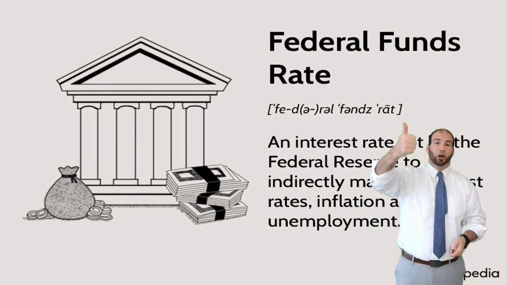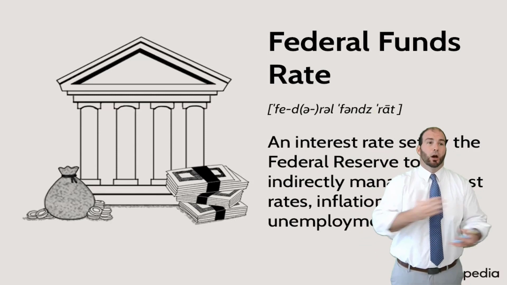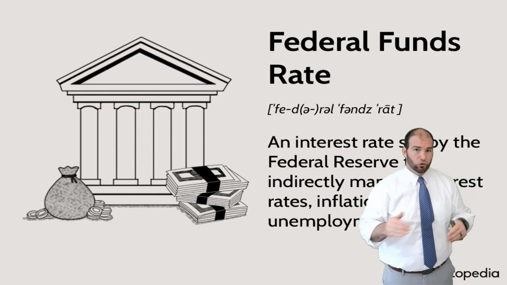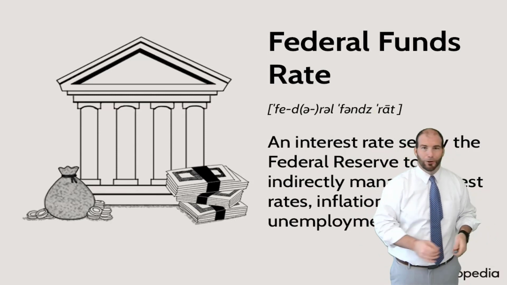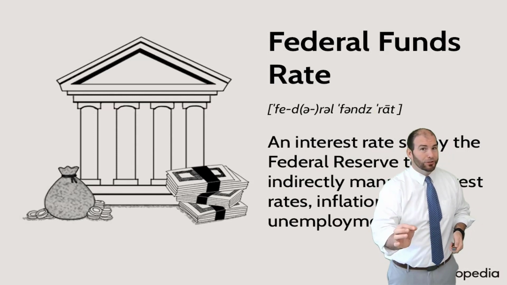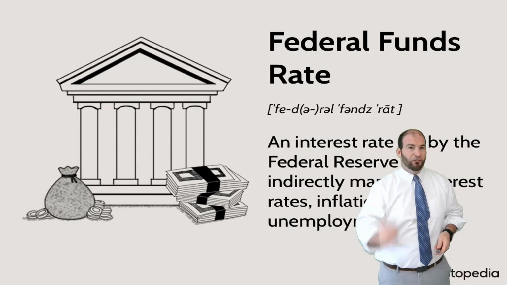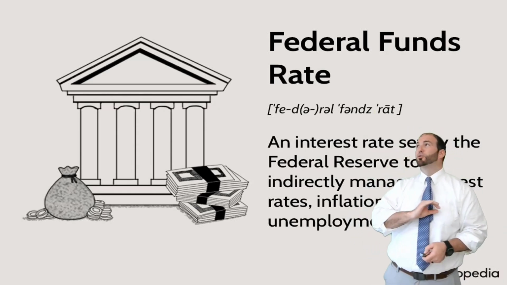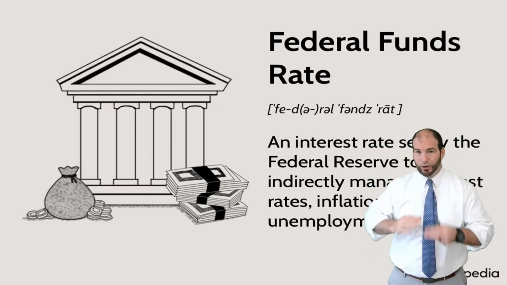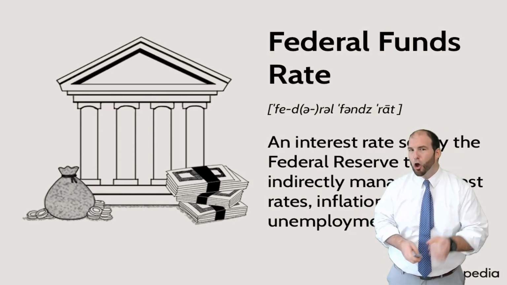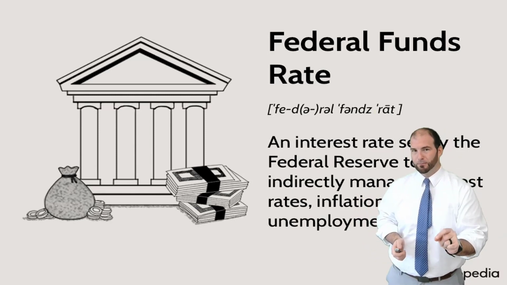So when interest rates go up, people no longer want to take out loans. When interest rates go down, people do want to take out loans. Taking out loans is putting tons of money into the economy. So the Federal Reserve is extremely influential in how much money is in the economy because they control interest rates.